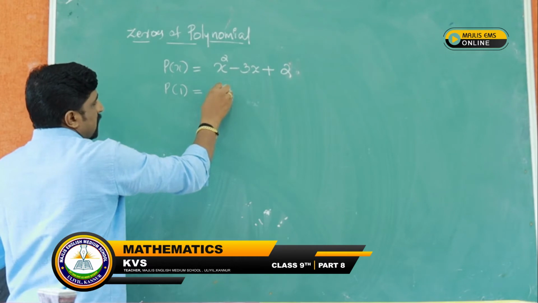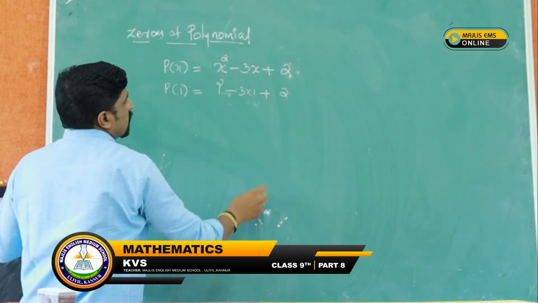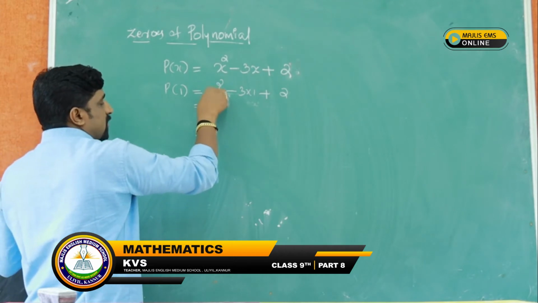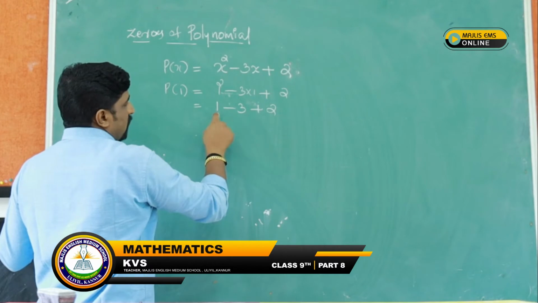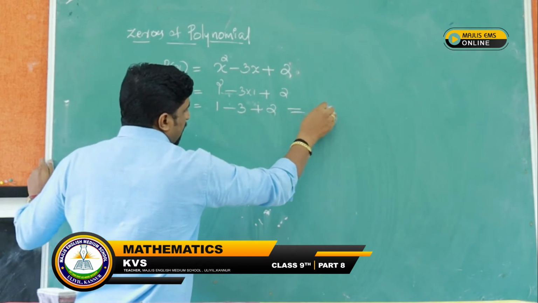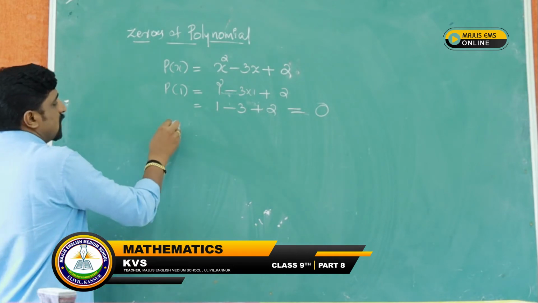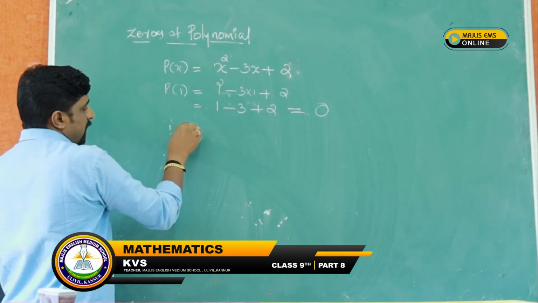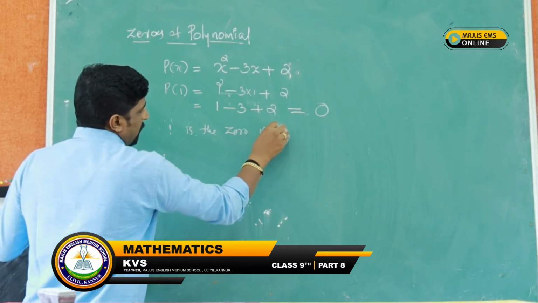P of 1 means 1 square minus 3 into 1 plus 2. Therefore 1 square is 1, 1 minus 3 plus 2. 1 plus 2 is 3, 3 minus 3 gives answer 0. We got 0 here. Therefore we can conclude 1 is the zero of p of x.